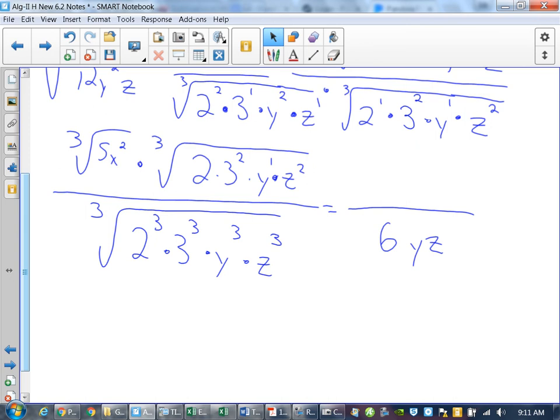So I have 5 times 2 times 9, 90, x squared, y, z squared. And the other thing that's nice is that once you start looking at this, you have 5 to the first, 2 to the first, 3 squared. Are any of those going to give us a perfect cube root that goes into 90 at all? No. You're done.